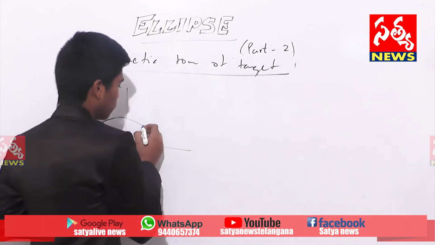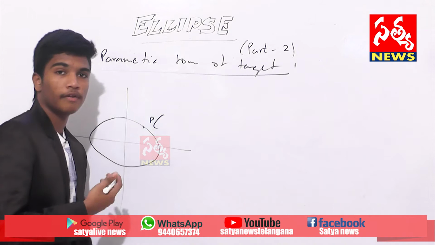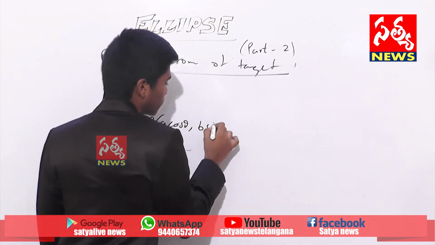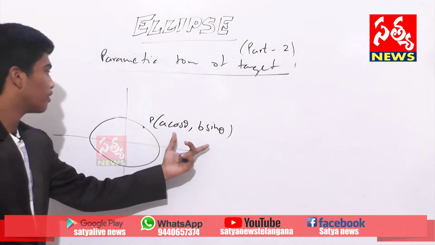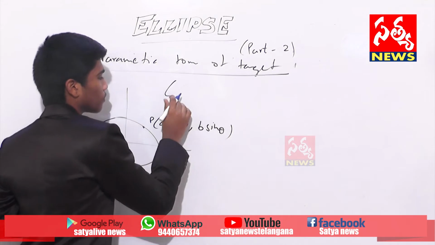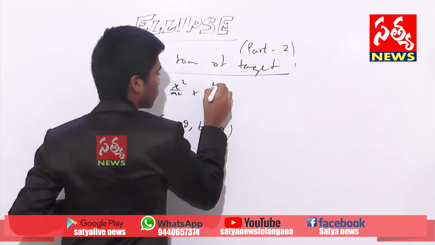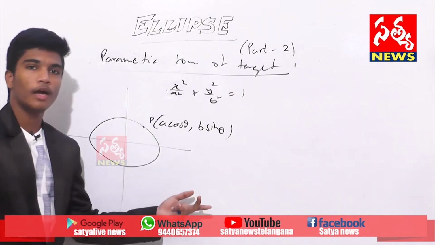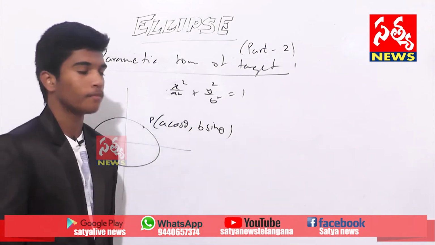Any point P on an ellipse is generally written as a cos theta and b sin theta, right? I have also derived how we got this. And the equation of the ellipse is x square by a square plus y square by b square is equal to 1. Now, as I said before, every form is derived from the point form.